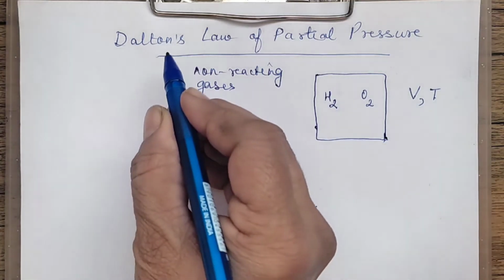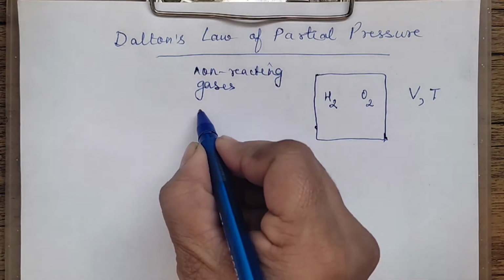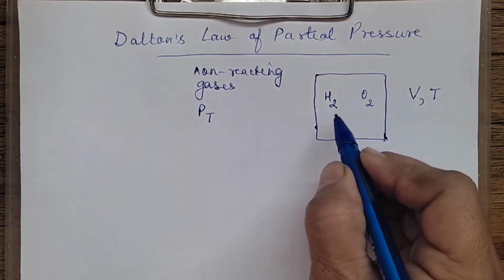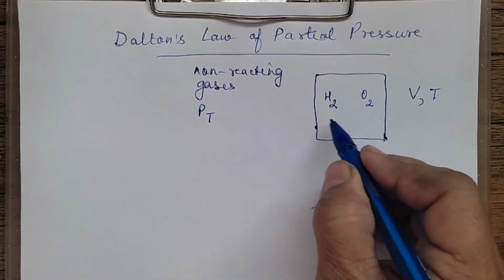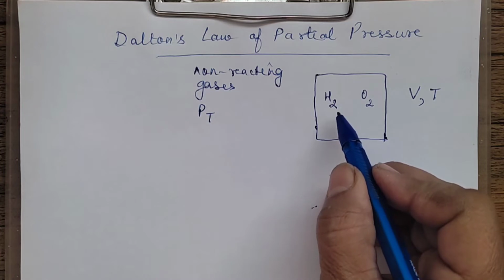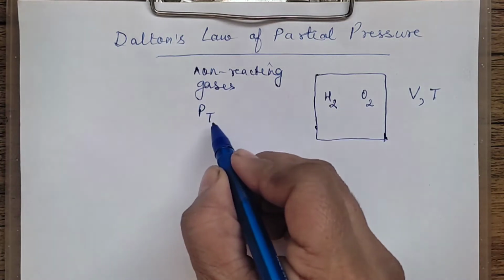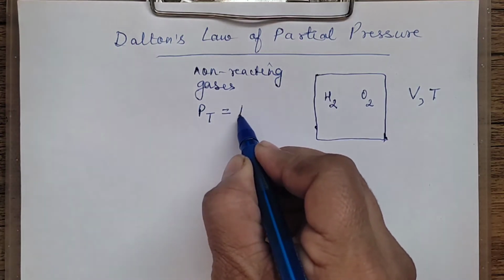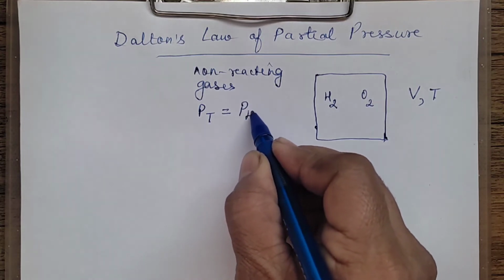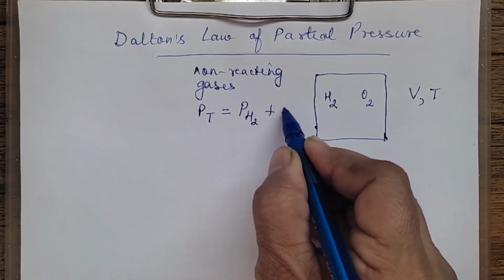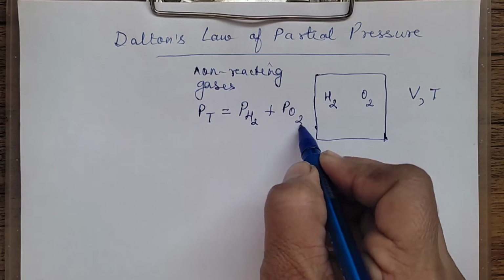According to this law, the total pressure exerted by a mixture of gases, in the present case of two gases, is equal to the partial pressure of hydrogen plus the partial pressure of oxygen.